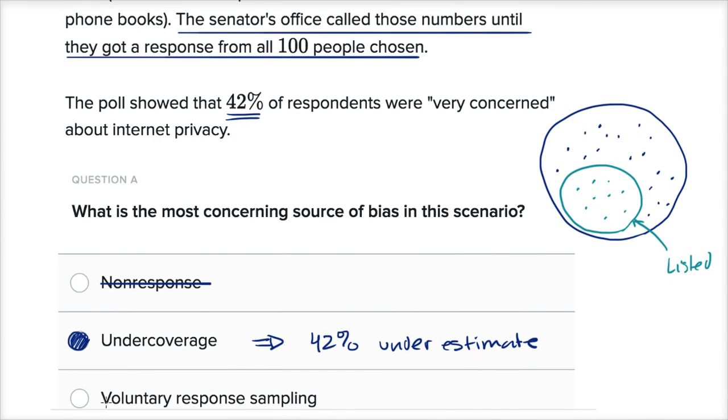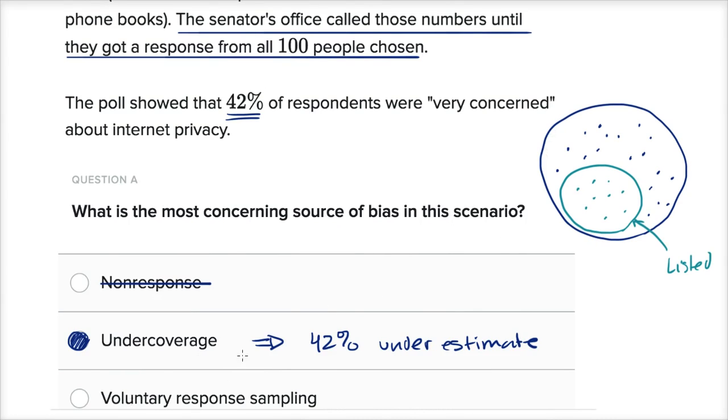Now the last question, volunteer response sampling. Well, this would be the case where the senator, I don't know, put a billboard out or just told a bunch of people, maybe on her website, hey, vote for this, or give us your information on how much you care about internet privacy. And the source of bias there is, well, who shows up on that website?